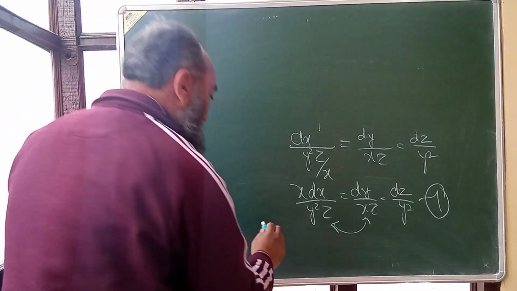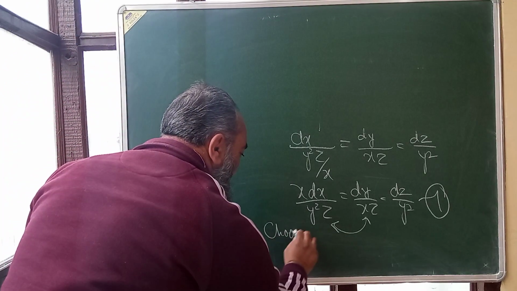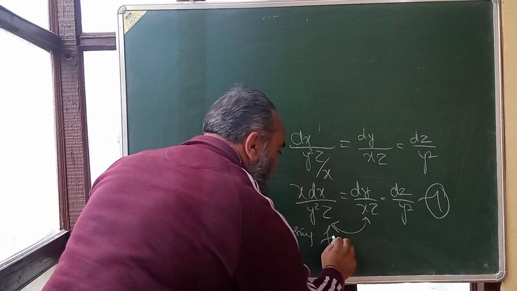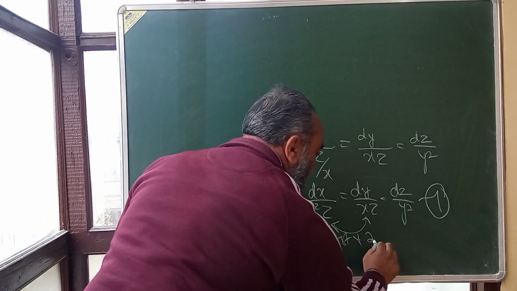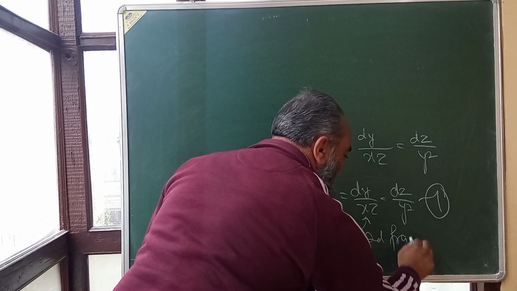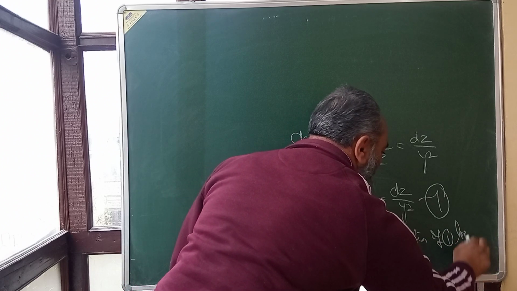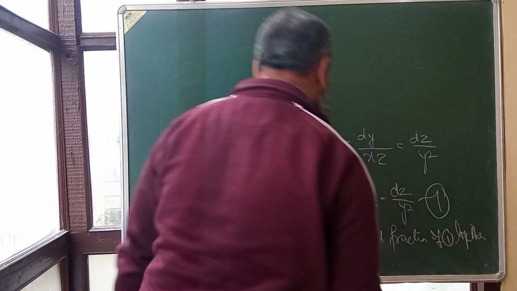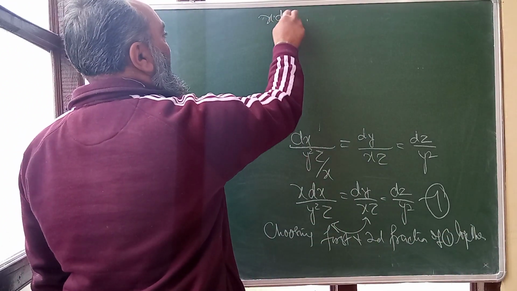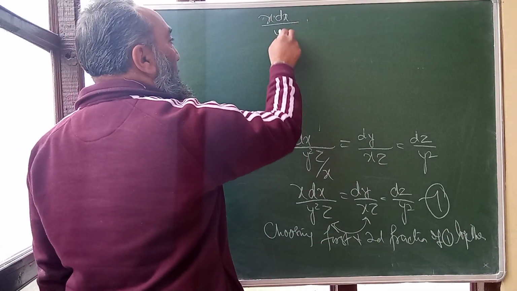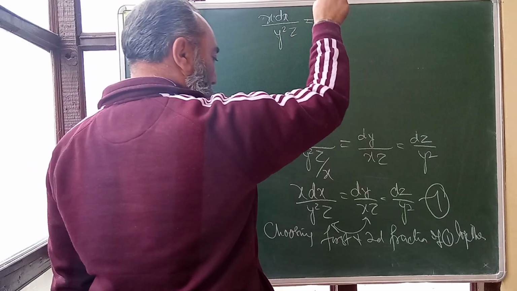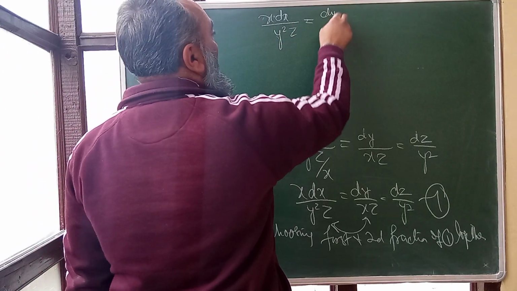Choosing the first and second fraction of 1 together, we will have x dx upon y square z equal to dy upon xz.